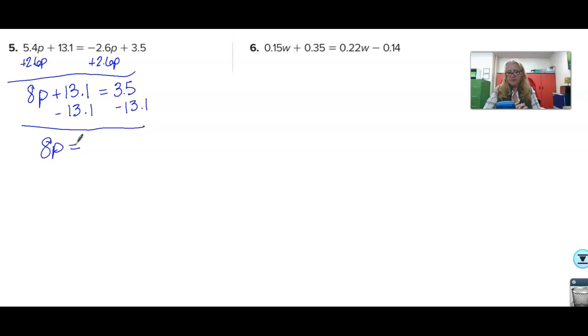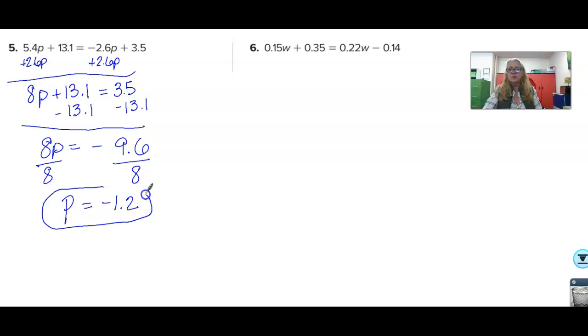Right, so I have 3.5 minus 13.1 gives me negative 9.6. And then our final step would be to divide both sides by the 8 to get p by itself. Divided by 8, and I get that p is equal to negative 1.2. And yeah, when we're doing decimal or fraction problems, some of the answers are going to be fractions and decimals. Don't let that throw you off.